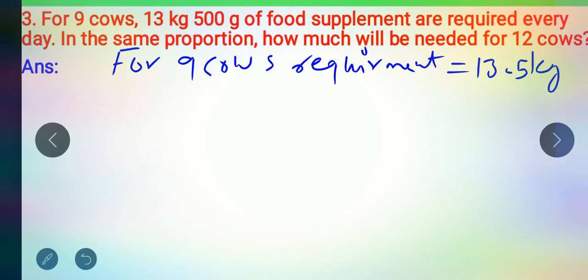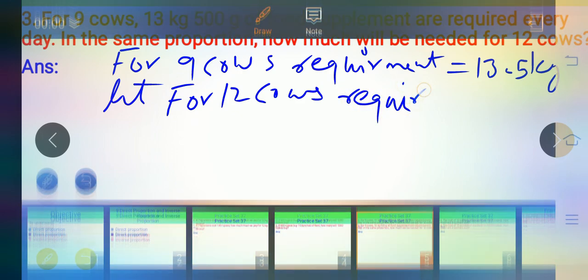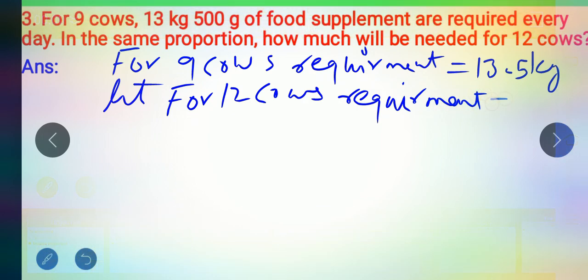So here let the requirement for 12 cows be equal to x kg.